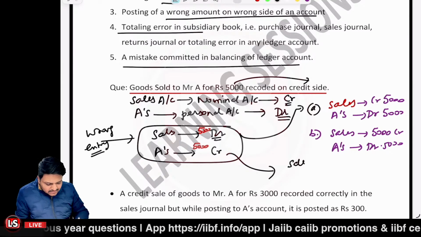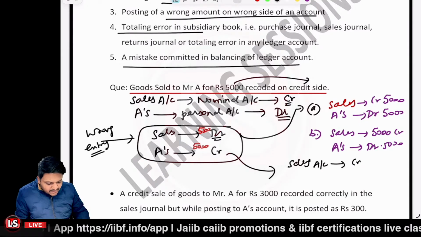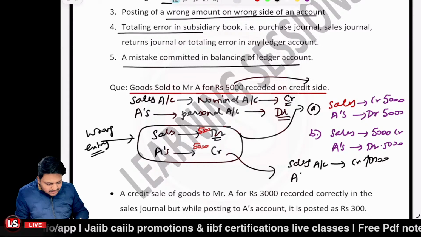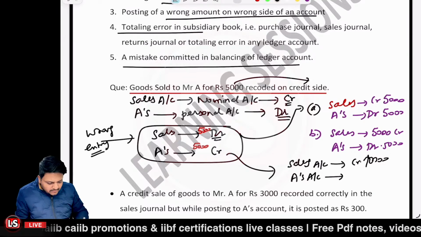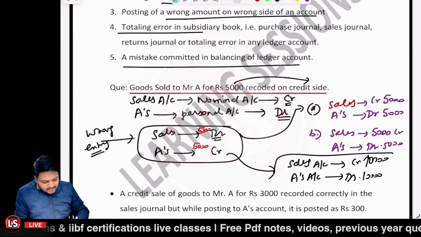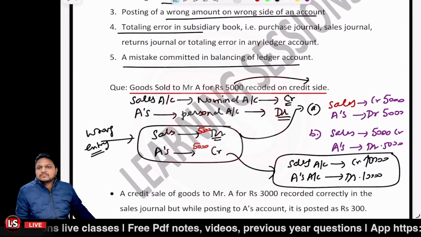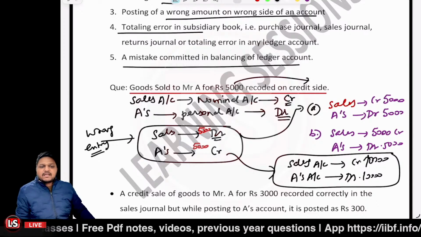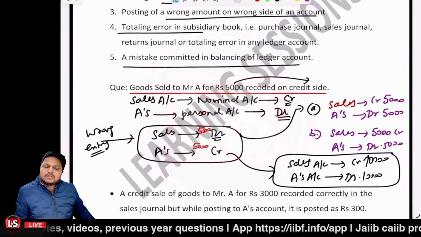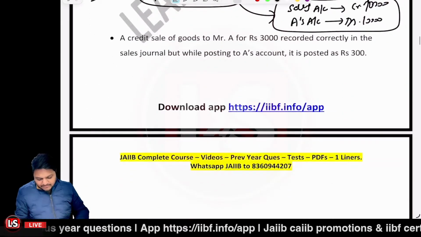The sales account is to be credited with rupees 10,000 and A's account is to be debited with 10,000. So a single entry is to be posted, right? Is that clear? Now, let's move further.